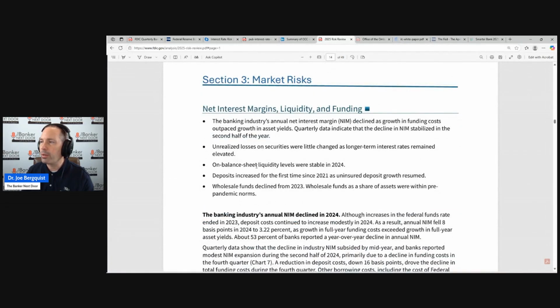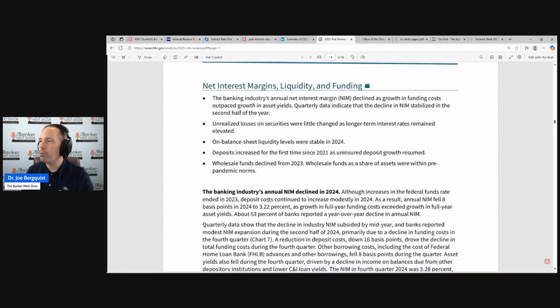And then we get into section 3, market risks, net interest margins, liquidity, and funding. So the banking industry's annual net interest margin declined as growth in funding costs outpaced growth in asset yields. In other words, funding costs, what the banks had to pay out on deposits, increased much faster than the growth in loan yields.